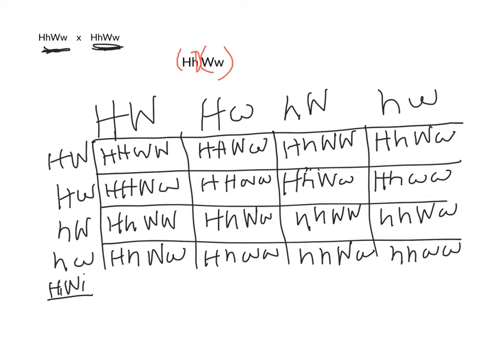So what we're going to do, I've got color available to me here. Every time I see a big H and a big W in a square, I'm going to put a red dot in that square, okay?